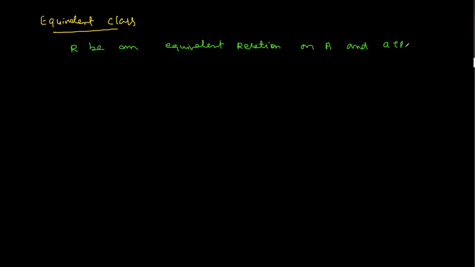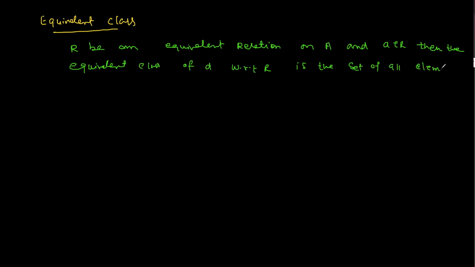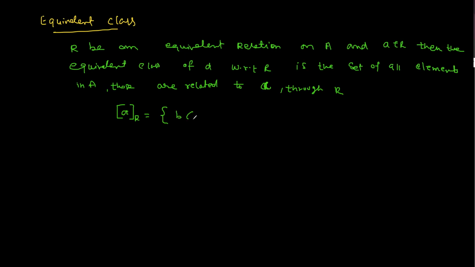Such that a belongs to A, then the equivalence class of a with respect to R is the set of all elements in A that are related to a through R. So this is the representation of the equivalence class: all b belonging to A such that (a, b) belongs to R.